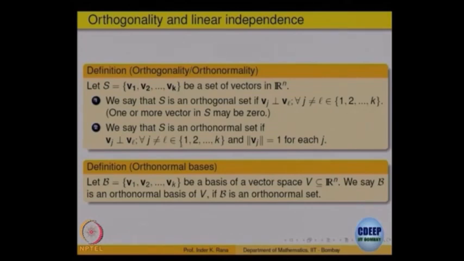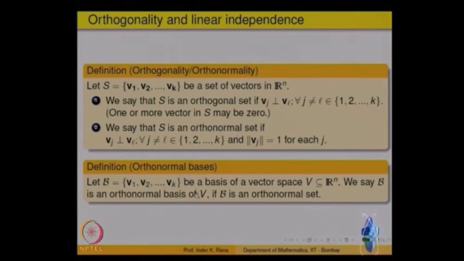As a consequence of this, 0 cannot appear in an orthonormal set, because if there is a vector 0, then its magnitude is 0. Be sure of that.